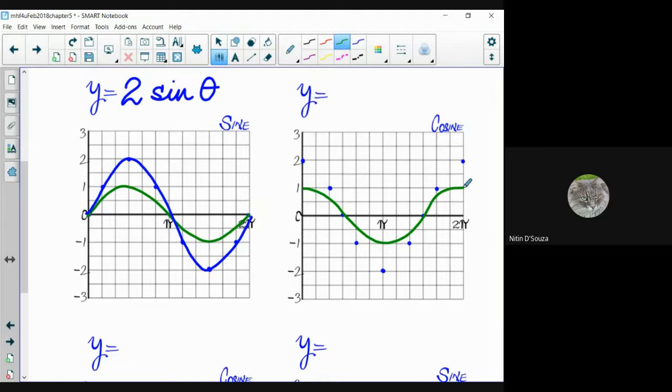But you see the minus 1 square? Minus 2 squares. The maximum of 1 became maximum of 2. The minimum of negative 1 became a minimum of negative 2. So this looks like 2 cosine theta.